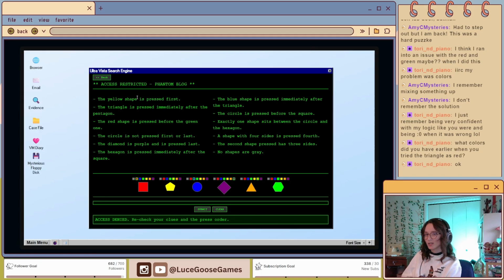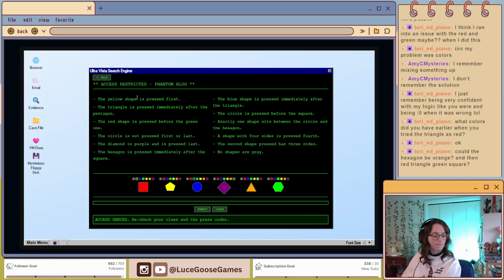The red shape is pressed before the green one, but it's not necessarily right before the green one. It's not immediately before the green. Blue shape is pressed immediately after the triangle, so the blue shape has to be in the third position.